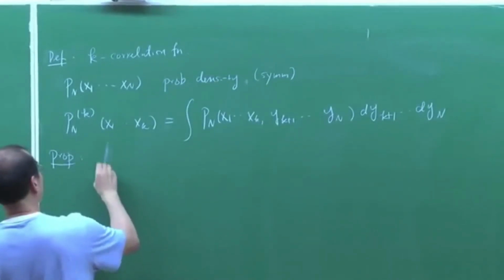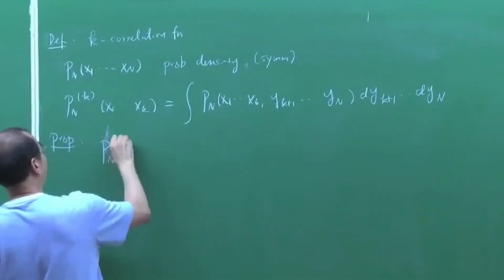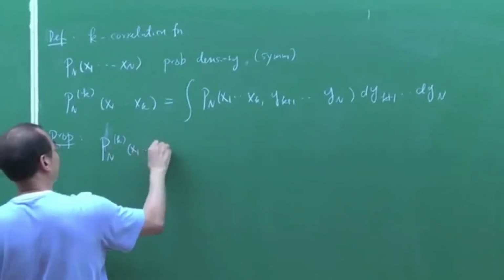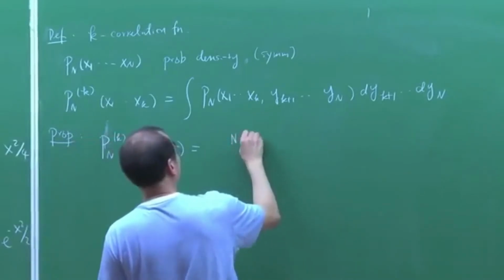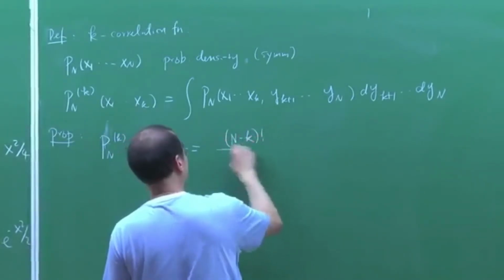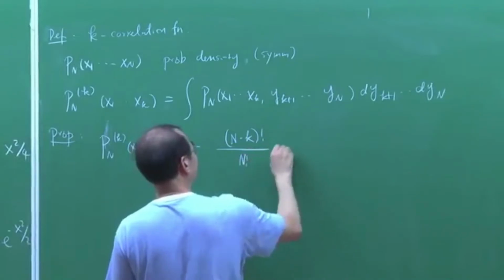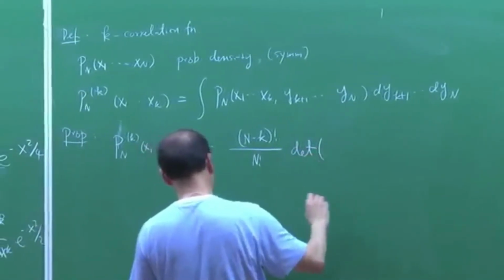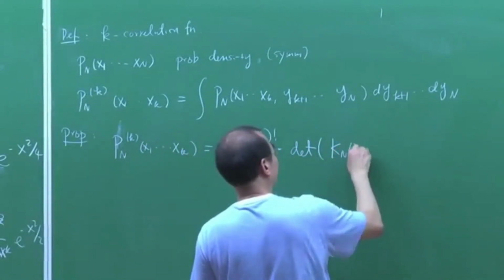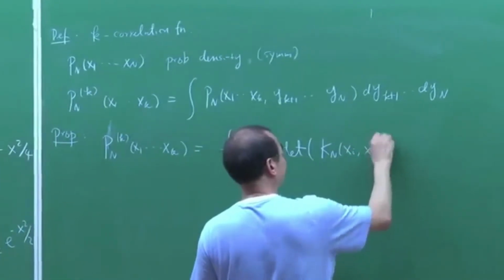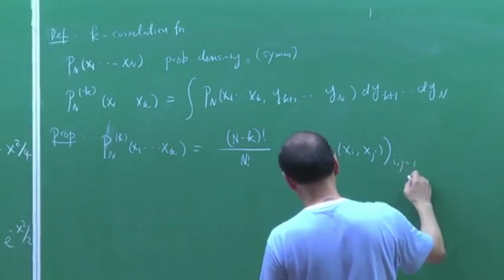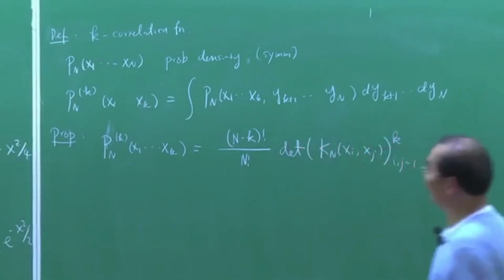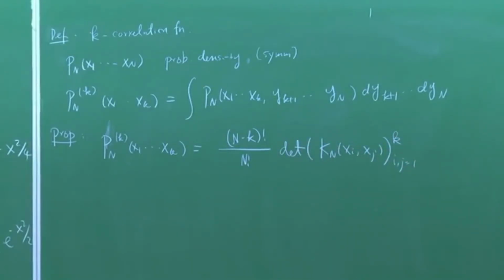So this Pn k of x1 to xk is equal to n minus k factorial over n factorial, determinant of kn xi xj, i, j from 1 to k. This step we use it. So this one is quite important actually.